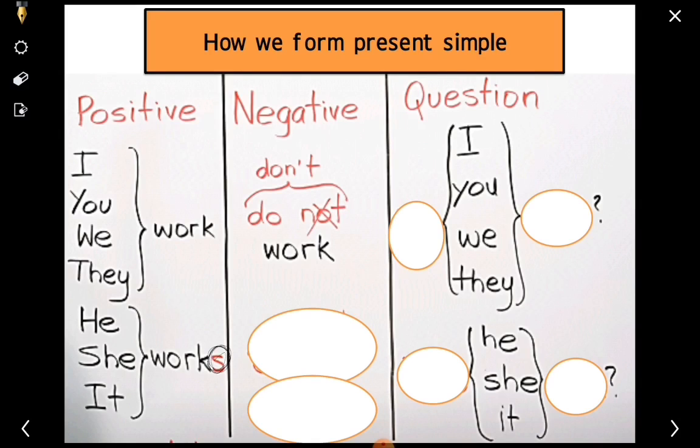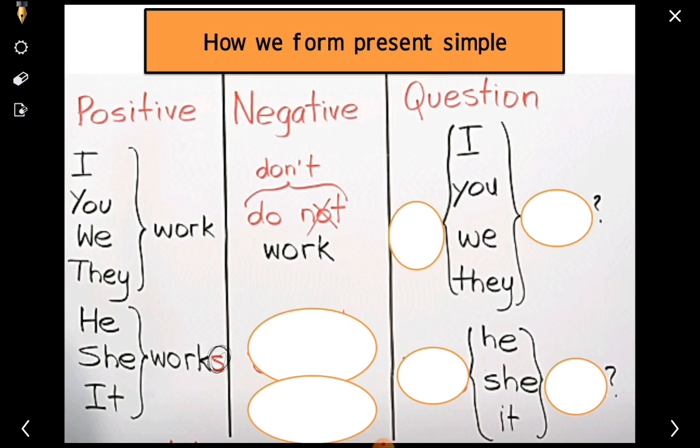But in speaking, we use don't. This is the short form. So we say I don't work. You don't work. We don't work. They don't work. Or do not work as the long form.